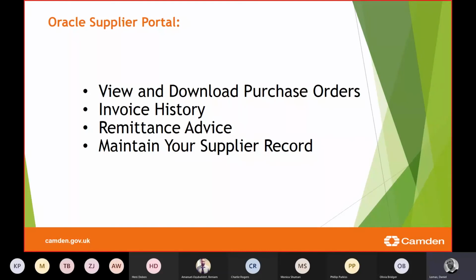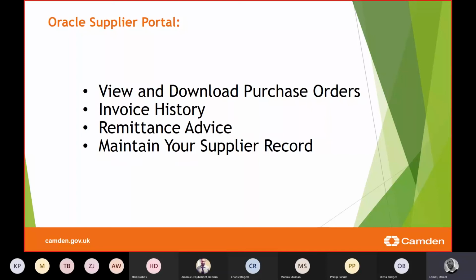Once you've logged into the supplier portal, you'll be able to view and download purchase orders, view your invoice history, including if they've been paid or if they're held, and view your remittance advice, not just from your transition date, but ever since you started trading with Camden.